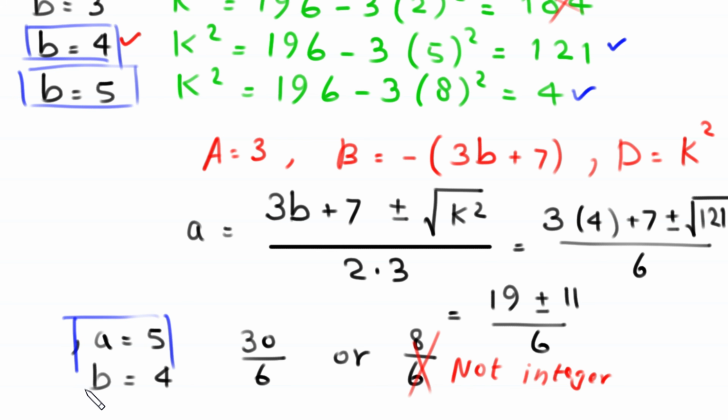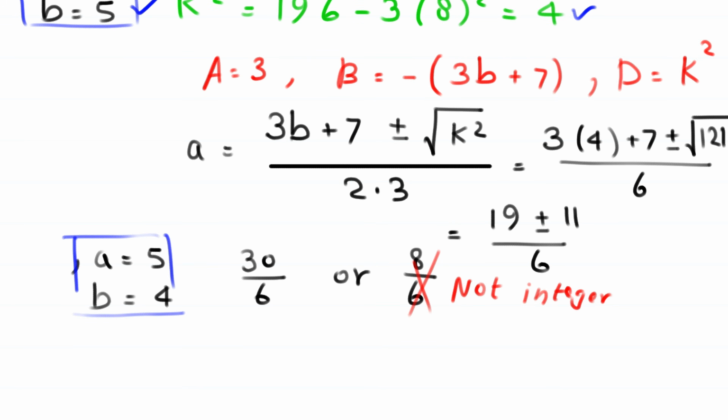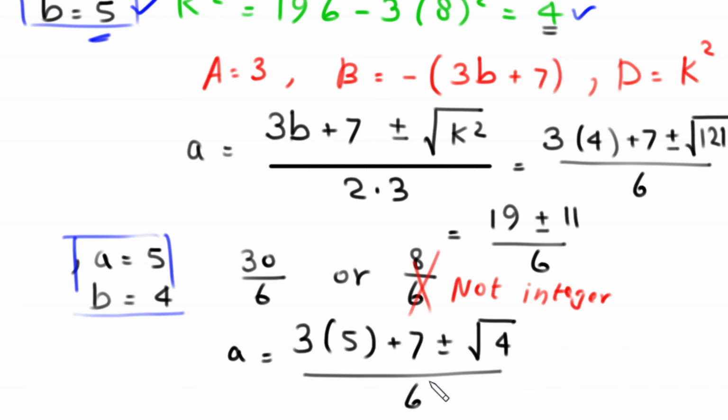This is one pair, and when b is 5, then a will be equal to 3 times 5 plus 7 plus or minus the square root of k squared, which is 4, divided by 6. This is equal to 3 times 5 is 15 plus 7 is 22, 22 plus or minus root 4 is 2, divided by 6.